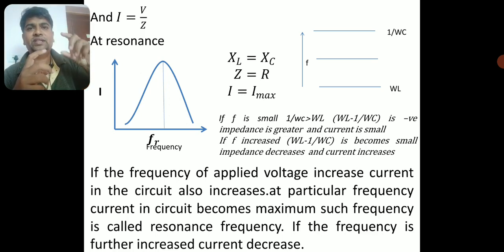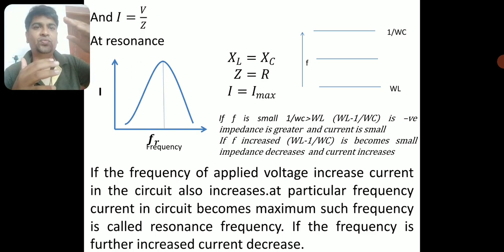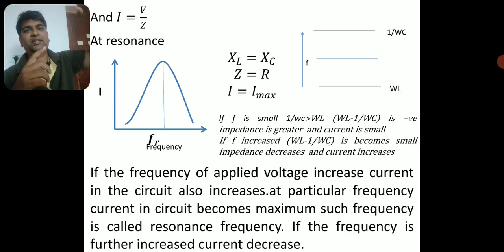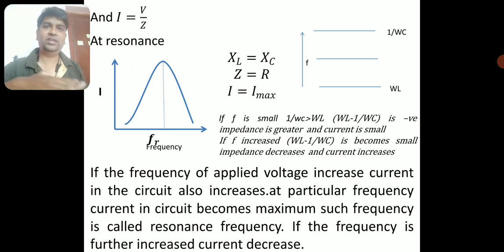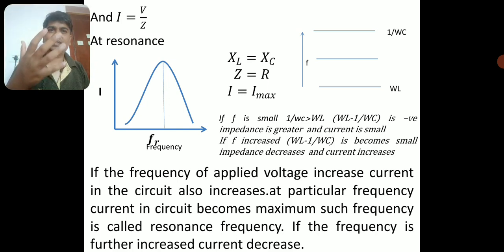Resonant frequency is that particular applied frequency for which current in the circuit is maximum. If the frequency is further increased, then current in the circuit decreases. Okay, current increases, attains maximum and then decreases with increase in the frequency.